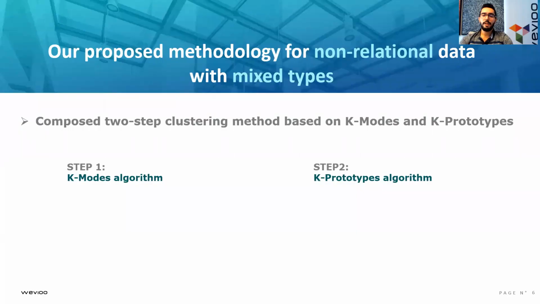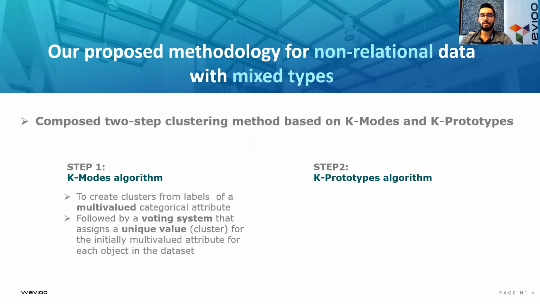So our methodology proposes a solution for the multi-valued non-relational data with mixed types using a composite two-step clustering method based on K-modes and K-prototypes algorithms. We used K-modes in the first step to create clusters from labels of the multi-valued categorical attribute.